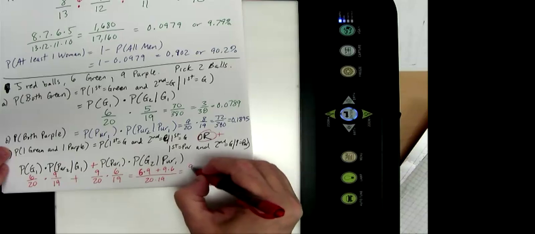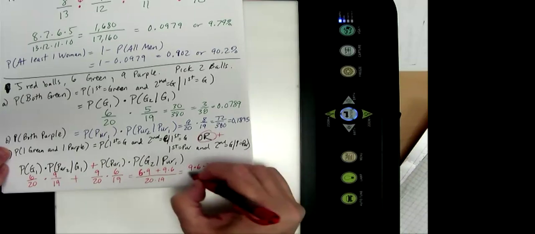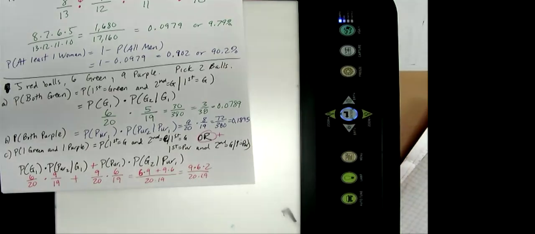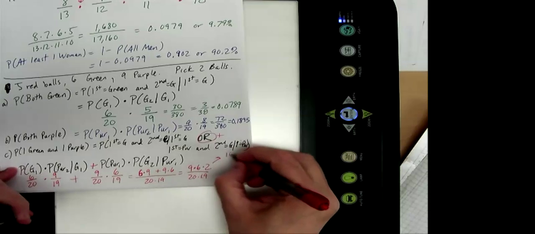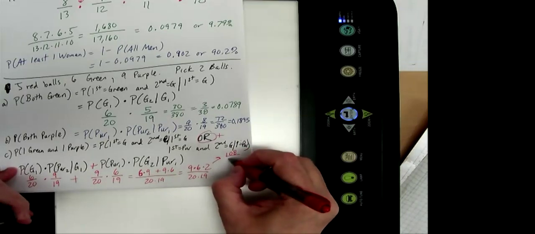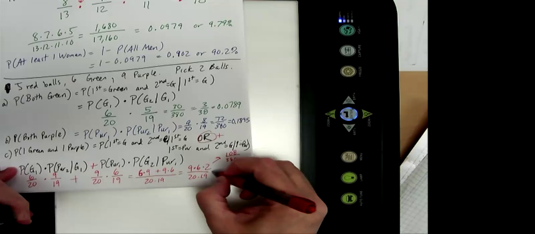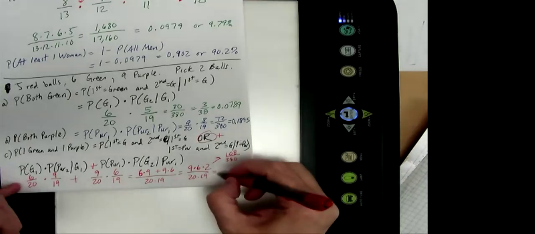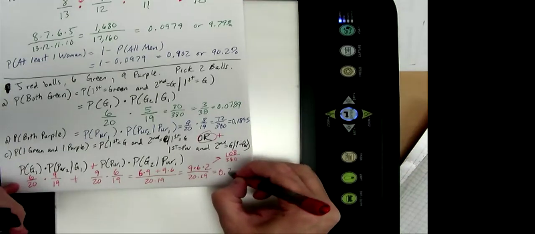You can actually simplify that top to 9 times 6 times 2 over 20 times 19. And I'm getting 108 on top, 380 on bottom. .2842.